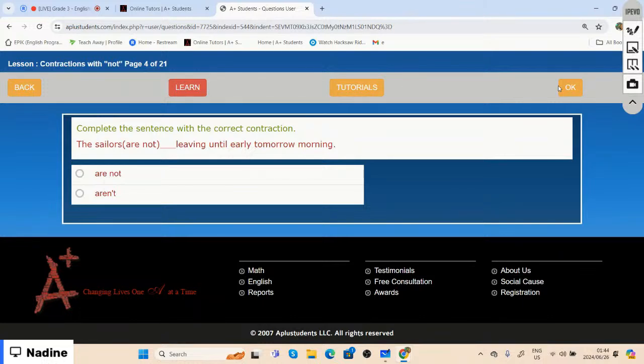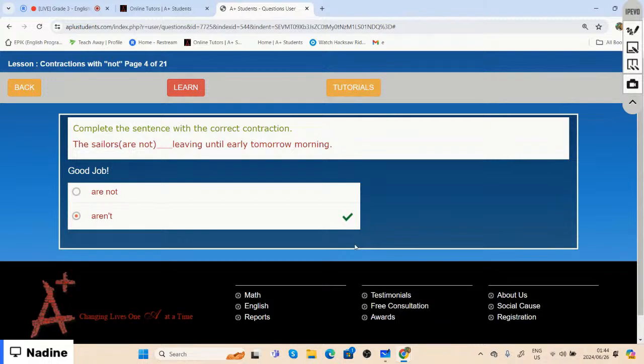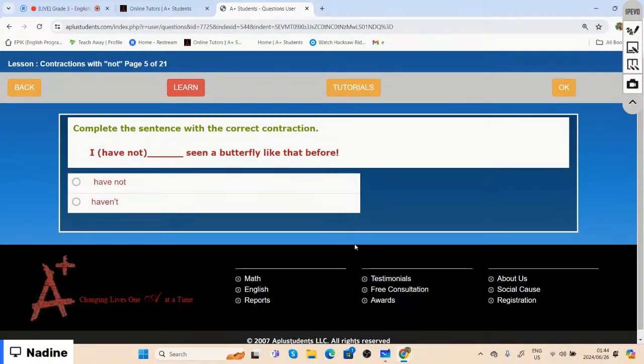And if we were to choose the correct one, we would say sailors aren't, which is option two, leaving until tomorrow morning. All right, let's do the last one.